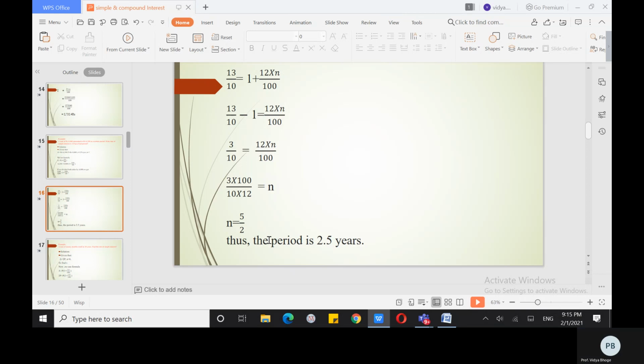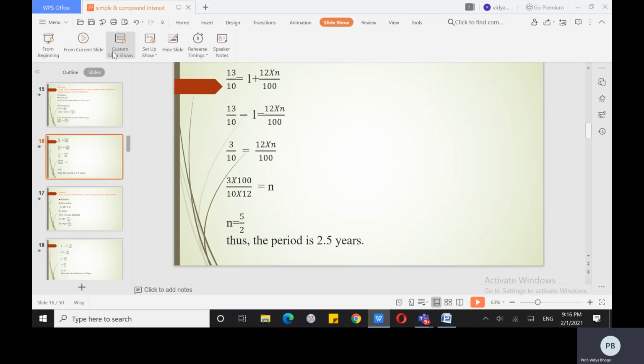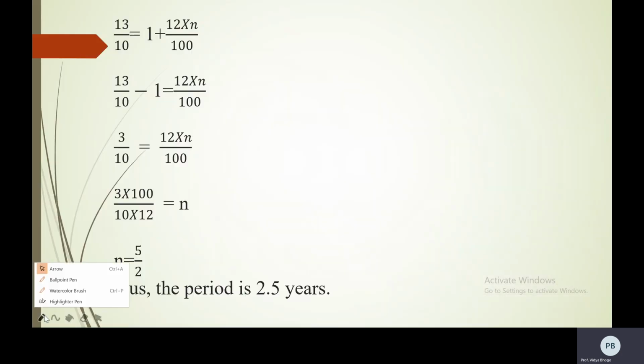13 divided by 10 is equal to 1 plus 12 into N divided by 100.